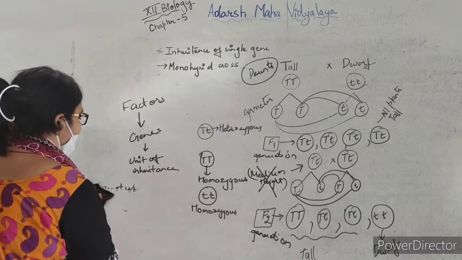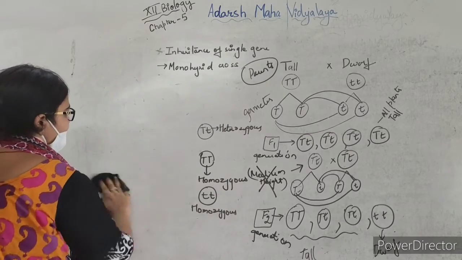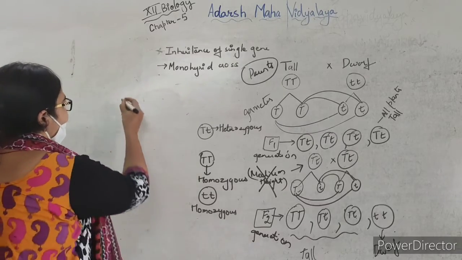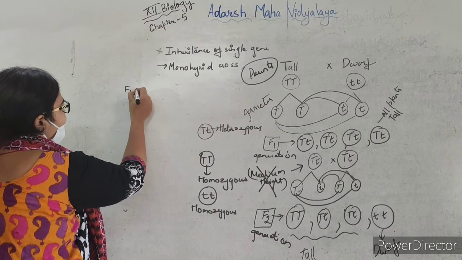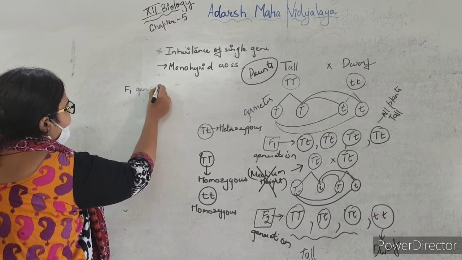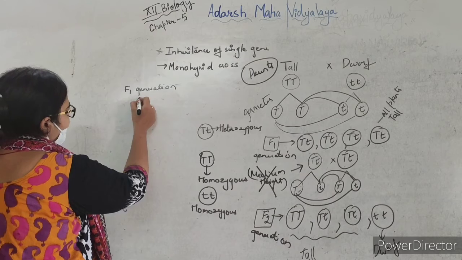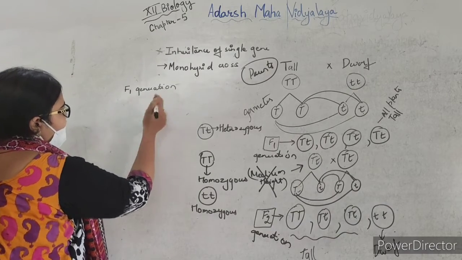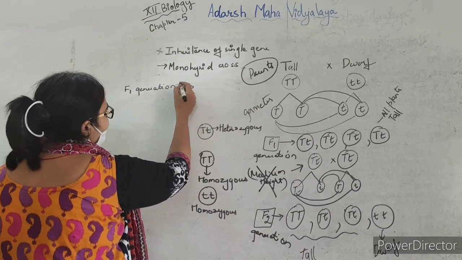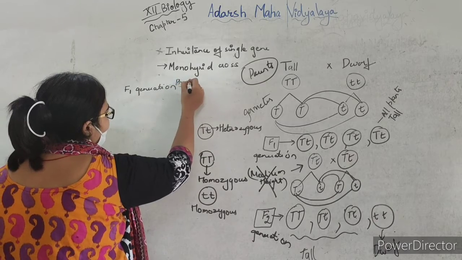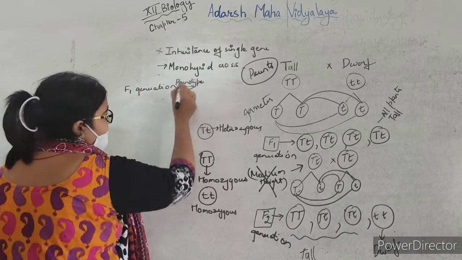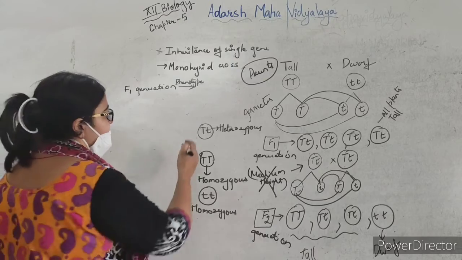in the F1 generation, first we will do the phenotype. The phenotype was, all the plants which were observed morphologically were tall.